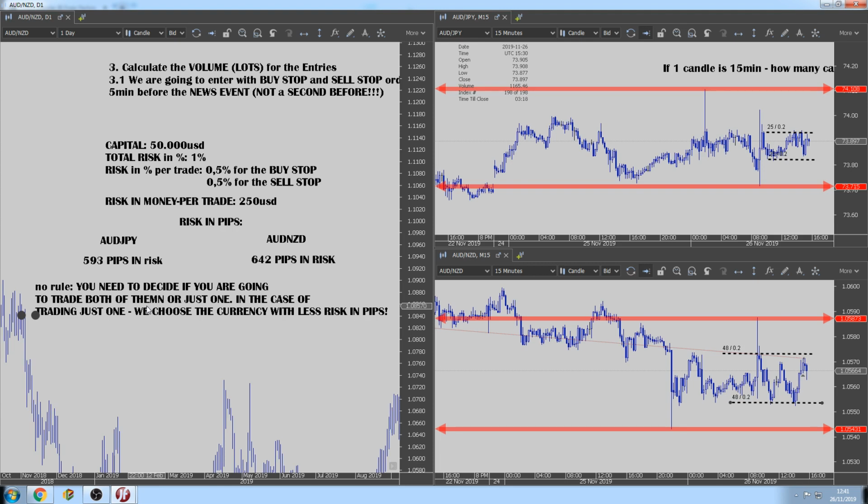Of course, if you're going to trade both of them, your news trading event is going to have a total risk of how much? If you're going to do the calculation with the same percentages, how much are you going to risk on both currency pairs? What's the number, everybody?